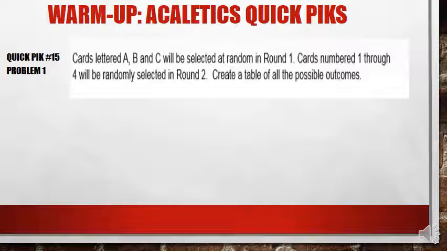All right, so the key thing here is they want us to create a table. Okay, for round 1, we have A, B, and C, and then for round 2, we have 1 through 4.